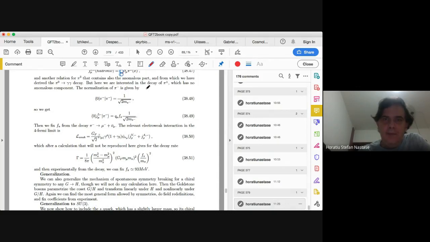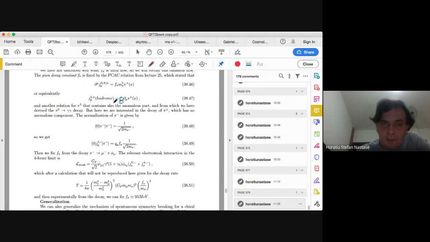Then, if we are interested in the decay of the pi plus minus, which has no anomalous component, the normalization of the pion was given by the pion field in between the vacuum and the pion being equal to 1 over square root of 2 m pi. By this relation, that would mean that J mu 5 minus in between the vacuum and the pion would be the momentum q mu times f pi times 1 over square root 2 m pi.